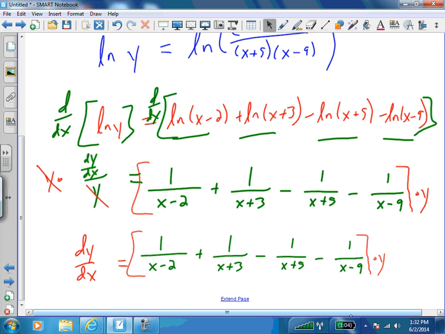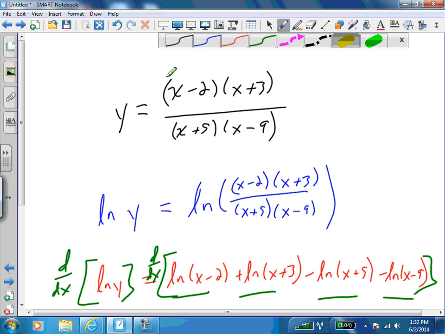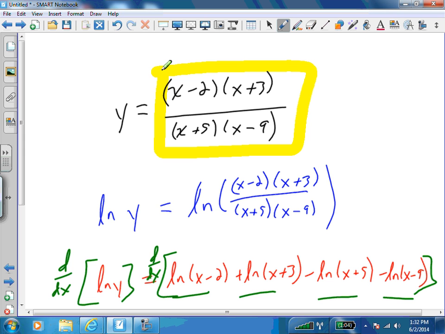All right. Well, normally when we have a derivative, if we can have just one variable on the other side, that's what we want. Well, do we know what y is? Yeah. Y is this. That's what y is.